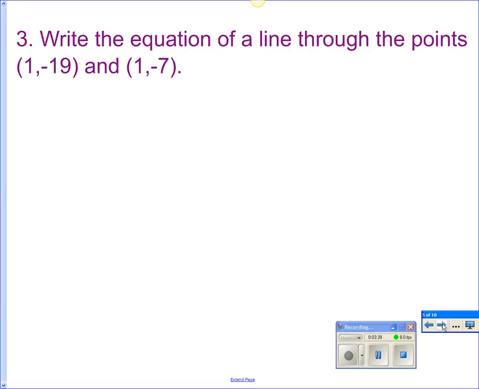Number 3. Write the equation of a line through the points (1, -19) and (1, -7). All right, Andrew, tell me something to do first.